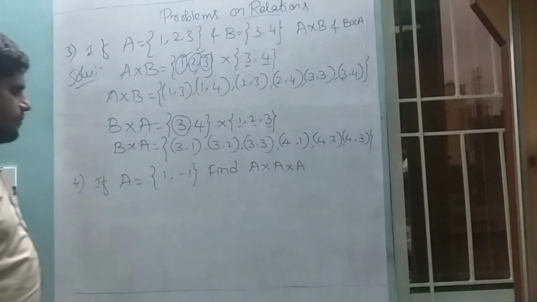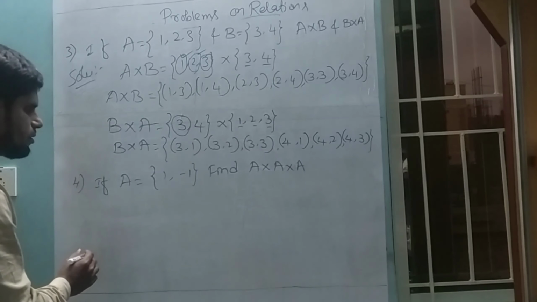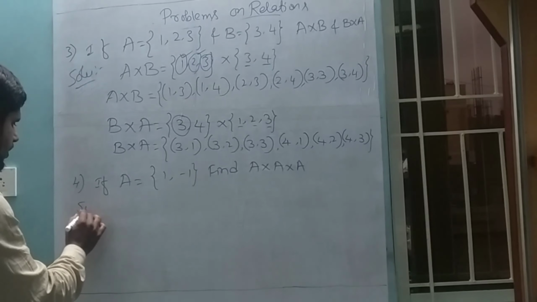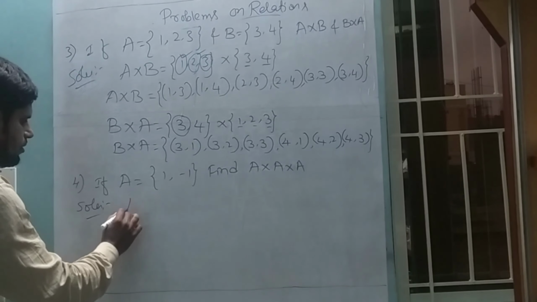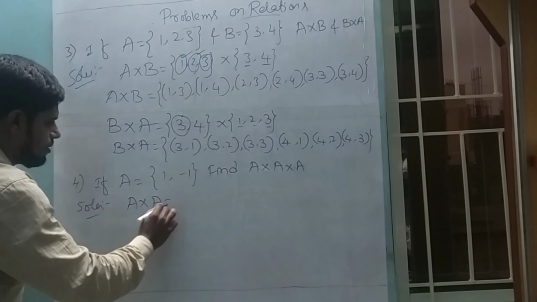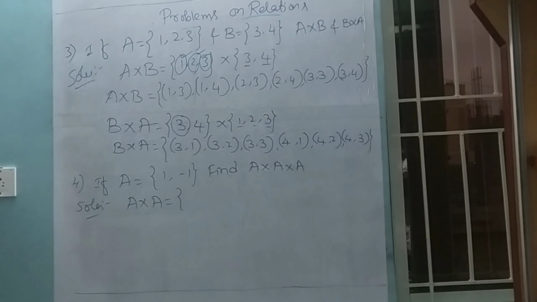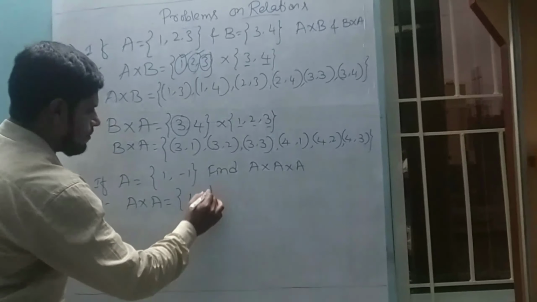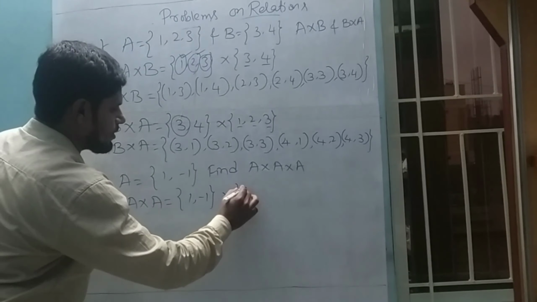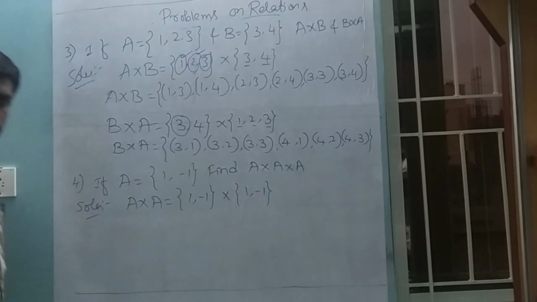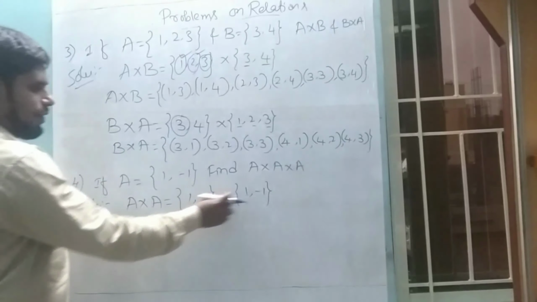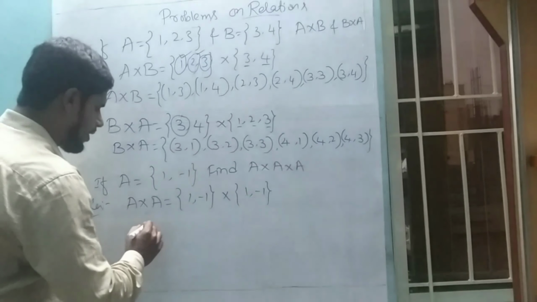So here first let me find A cross A first. A cross A, here 1 comma minus 1 cross, again same set, 1 comma minus 1. 2 into 2, 4. So I need 4 elements here.